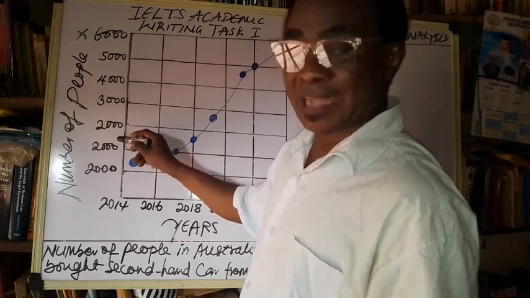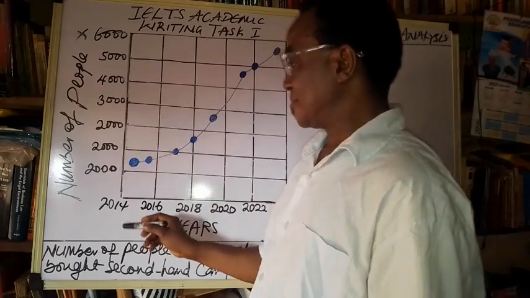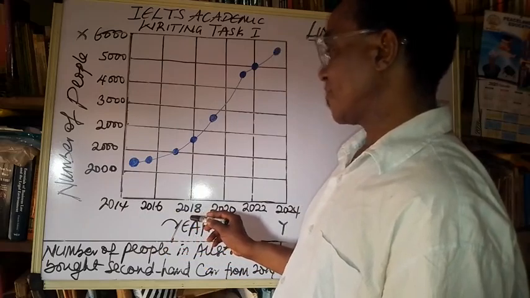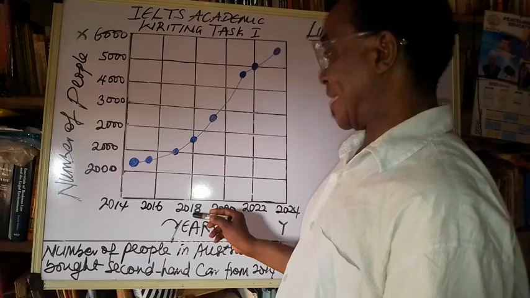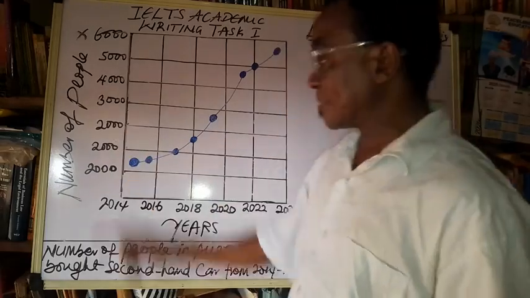was stable at first, remaining at 2,000 in a number of years. In the first 3 years, it remained stable at 2,000.